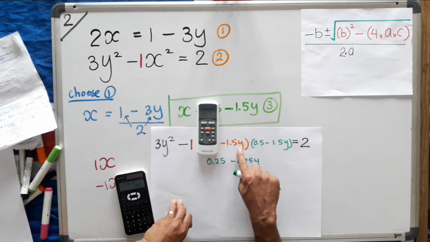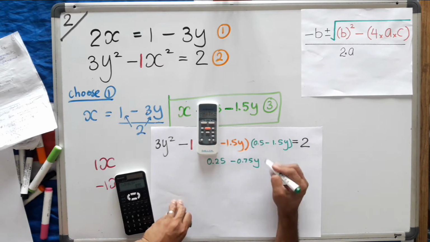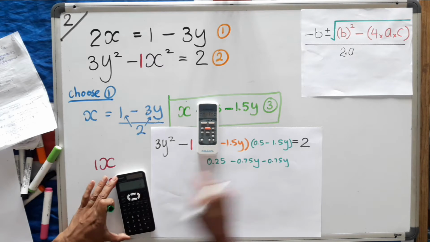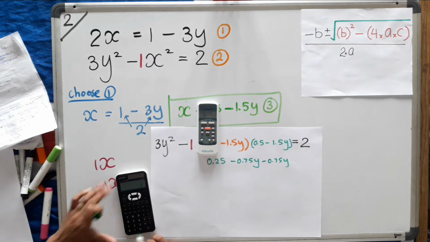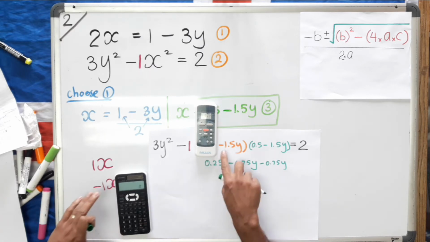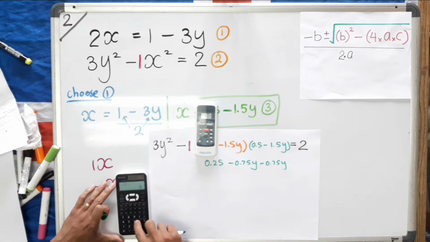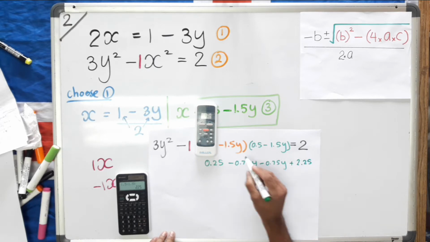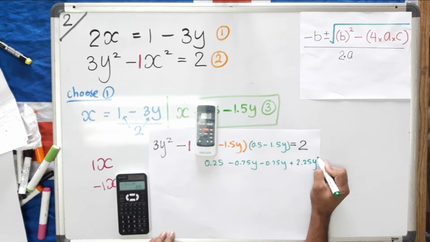Minus 1.5y multiplied by 0.5 is minus 0.75y again. And minus 1.5y multiplied by the next minus 1.5y: minus 1.5 multiplied by minus 1.5 gives positive 2.25, but y by y is y squared.